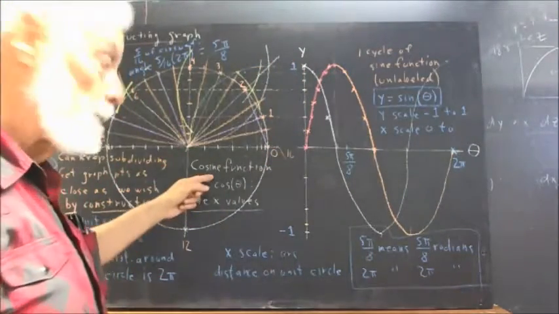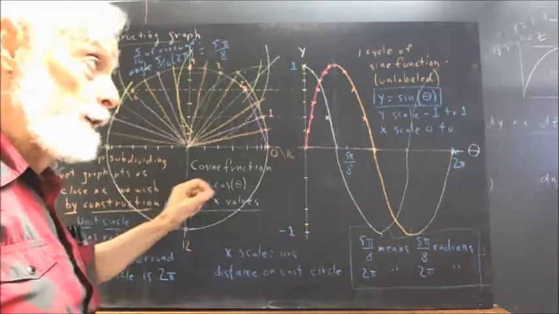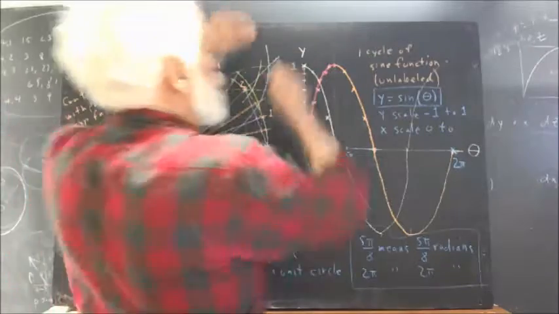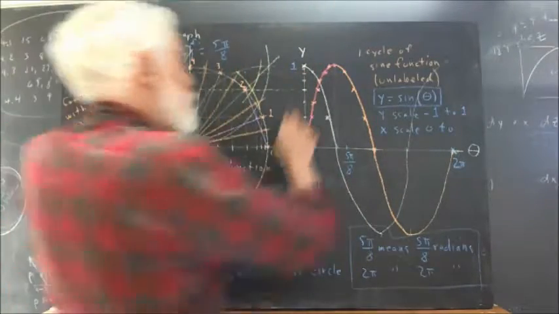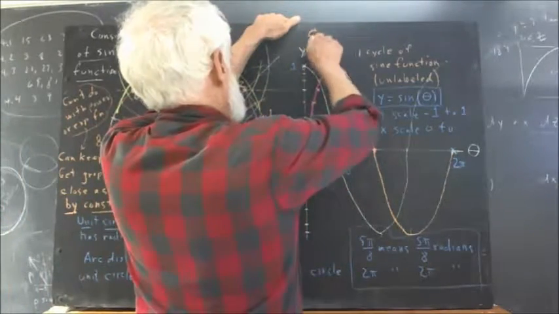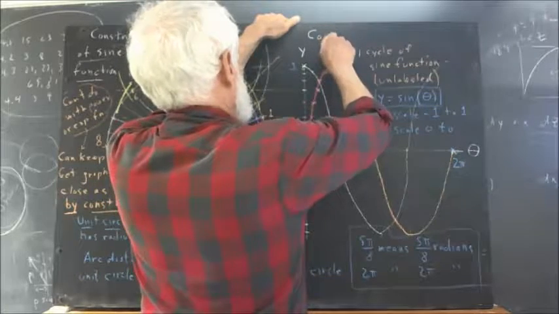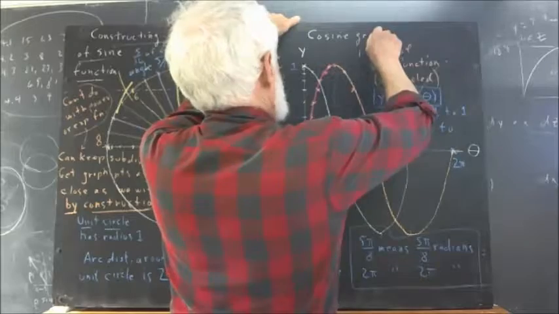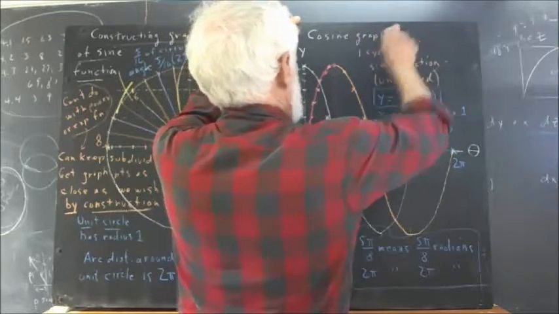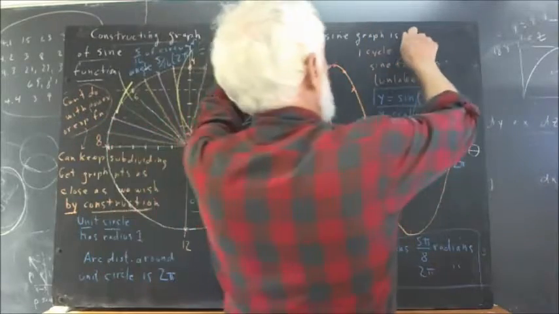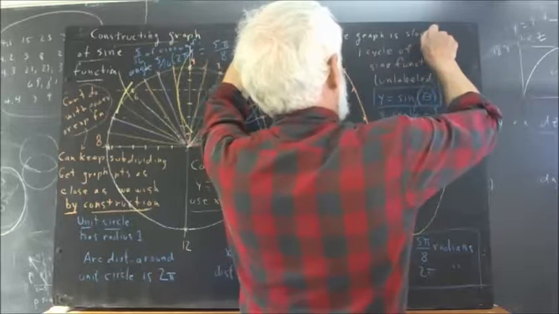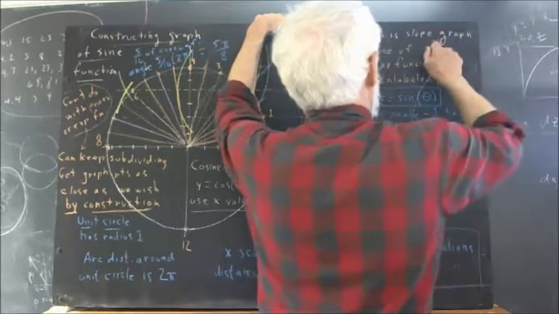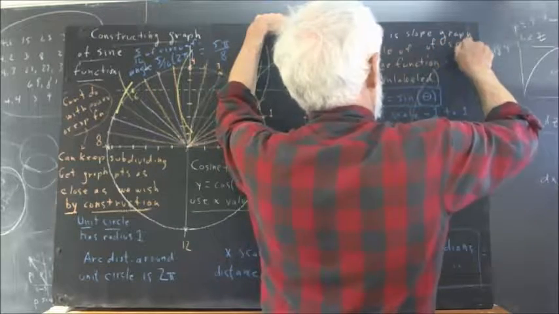Okay, so the cosine function is the slope graph of the sine graph. So big deal. If I had a really prominent color, I'd use it if I hadn't already. It is the slope graph of the sine graph.